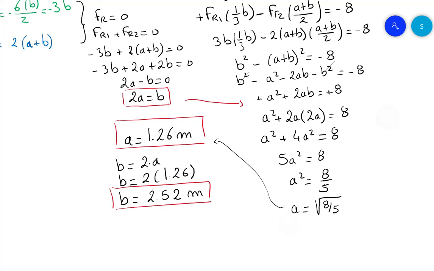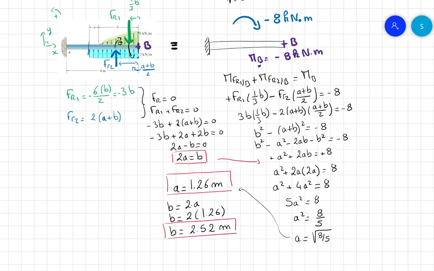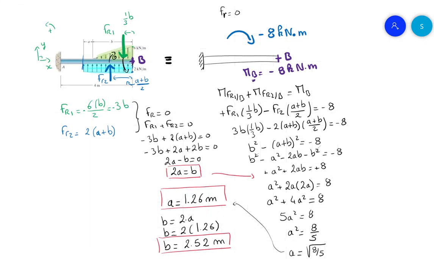So let's come back to the step that we did. We made the two equivalent systems for the external loads, and we solved the first equation, FR1 plus FR2 equals 0 because FR equals 0, and the second equation, that the moments done by each distributed load, FR1 and FR2, are equal to the total, the overall couple, that is -8 kilonewton times meter.